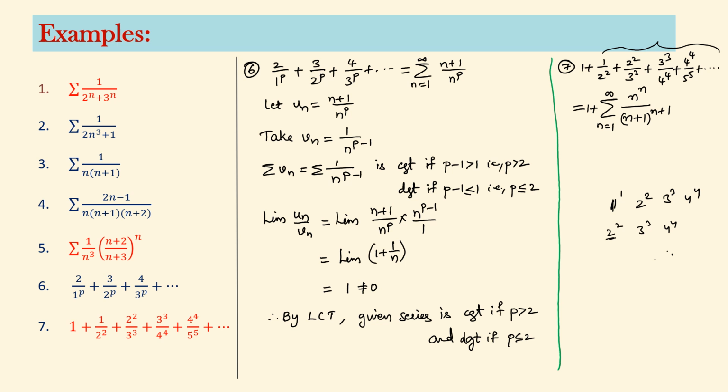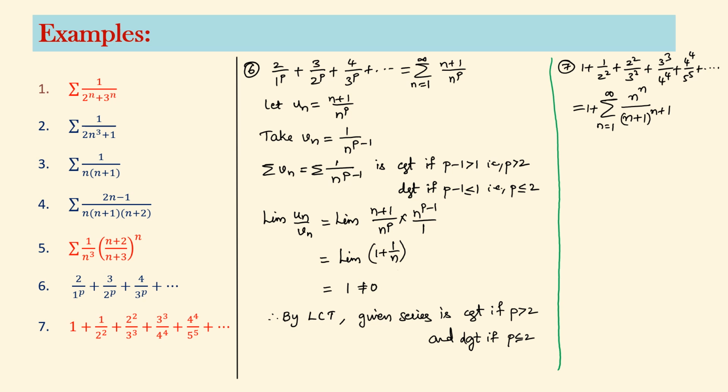So I am writing this as 1 plus. But you know that the first few terms can be omitted. Even then, the nature of the series does not change. The nature of the series does not change by omitting the first few terms of the series.